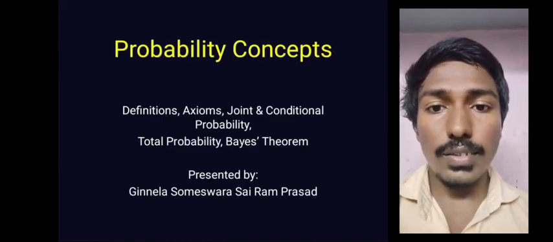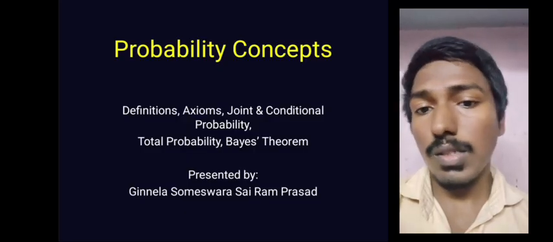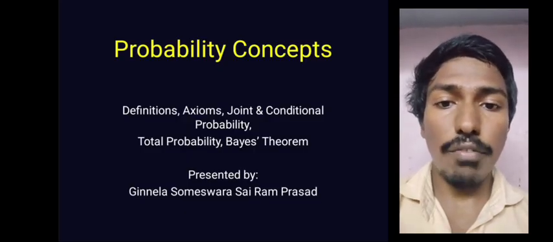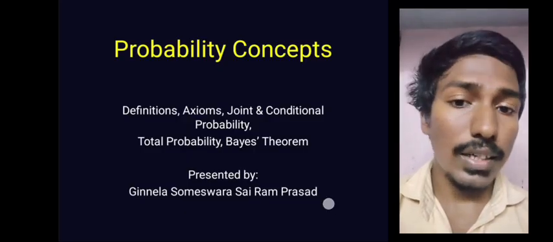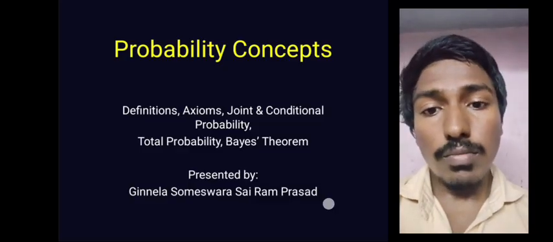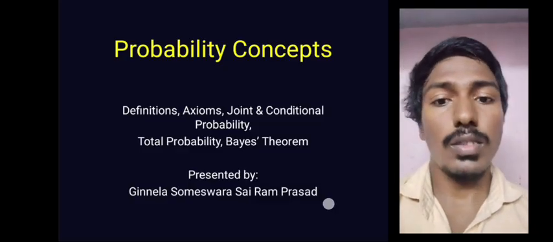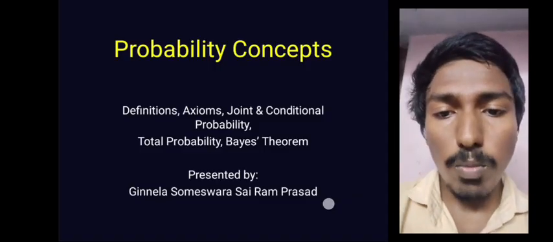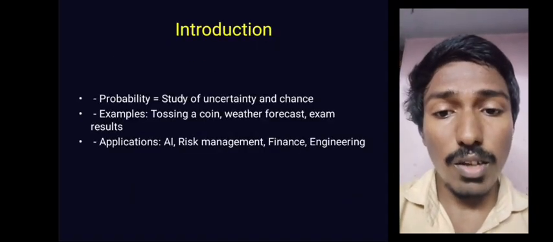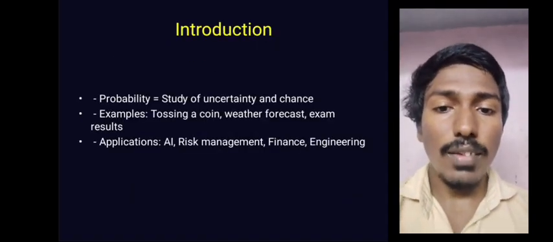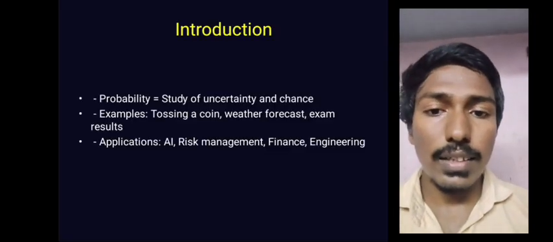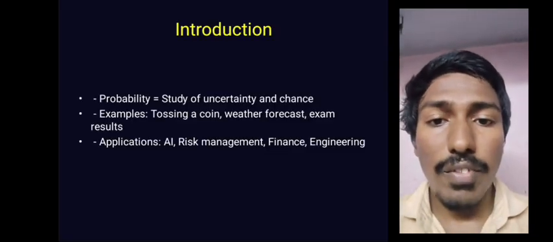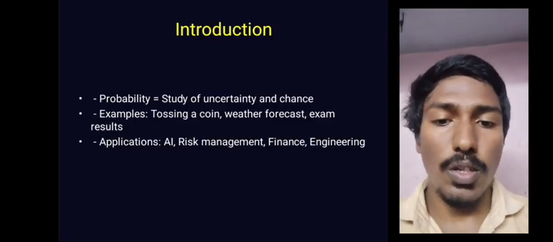Today, in this session, we cover probability concepts like definition, axioms, joint and conditional probability, total probability, and Bayes' theorem. Let's go. Introduction. What is probability? First of all, in probability we discuss possible outcomes.